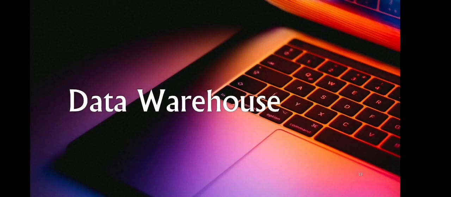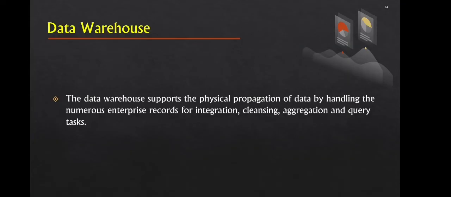Next, we go to data warehouse. William Inmon, a computer scientist, is regarded as the father of the data warehouse. A data warehouse is an important part of business intelligence or BI. It is a type of data management system that enables and supports business intelligence and analytics activities.